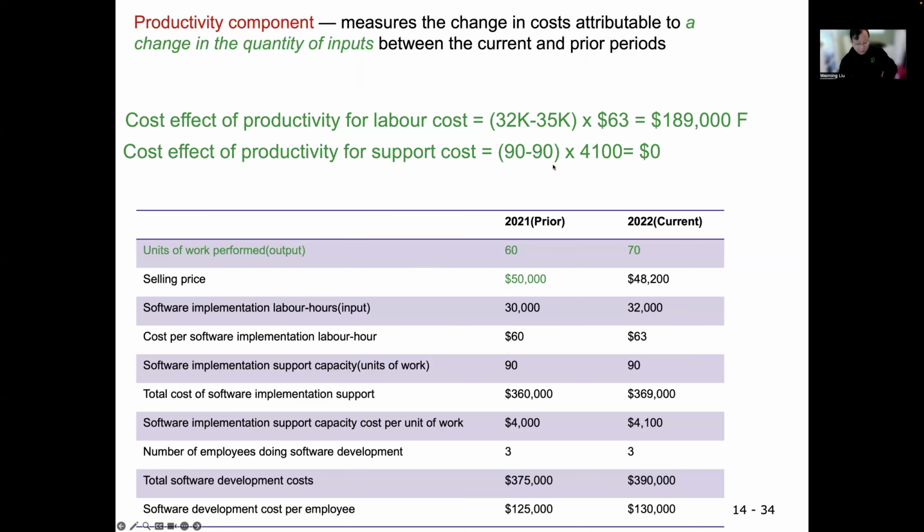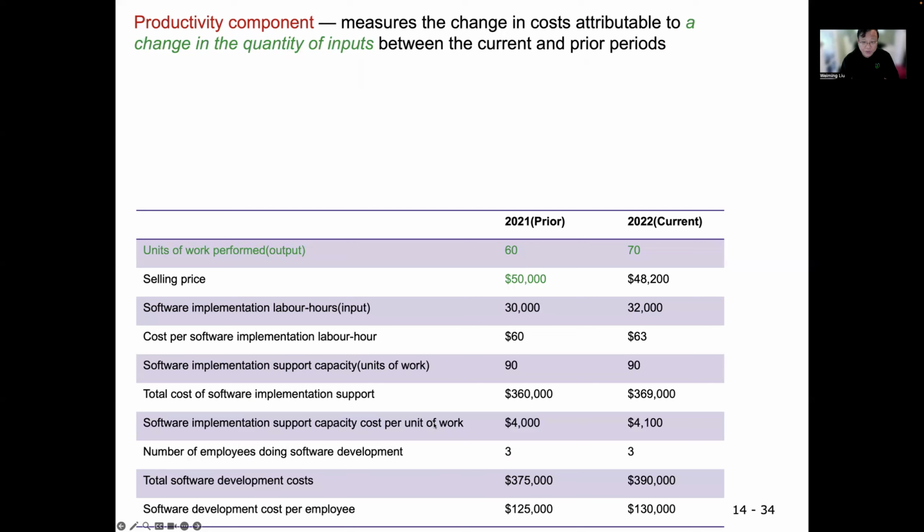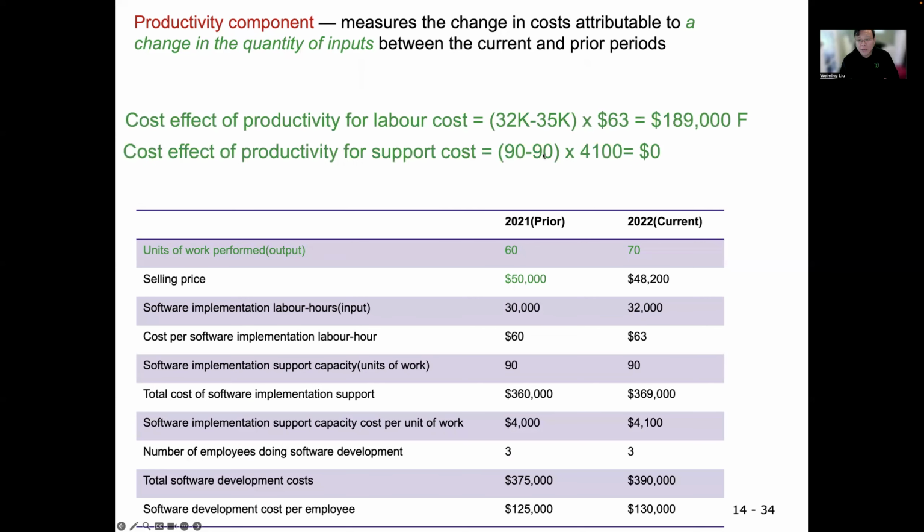And for the fixed cost, we are saying actual units of capacity in the current period, which is 90, minus actual units in the prior period, which is 90, right? So 90 minus 90 times the current rate, 41,100, so it's 0.